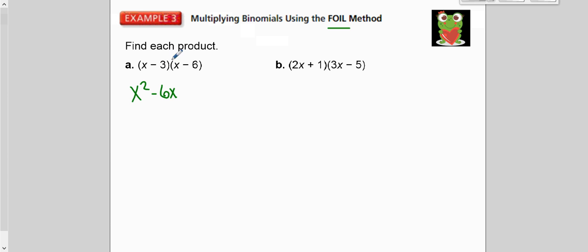The inner terms, negative 3 times x. And the last terms, negative 3 times negative 6. Negative times a negative is a positive. All right, then simplify it. Combine the like terms in the middle.